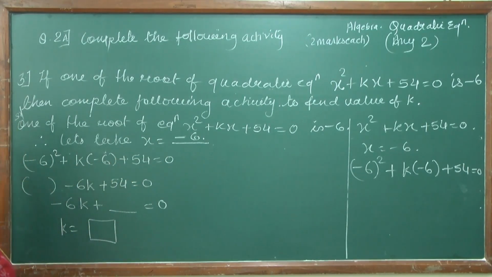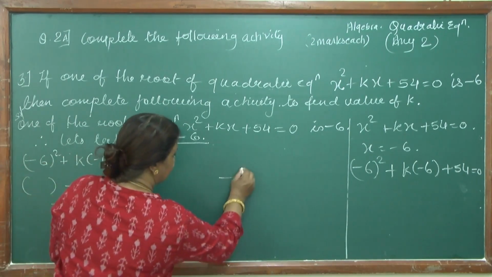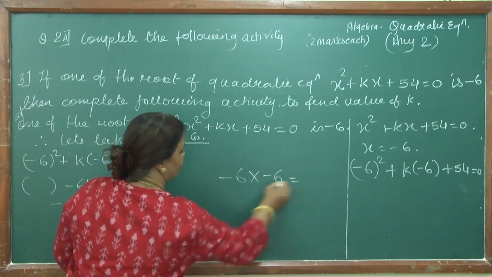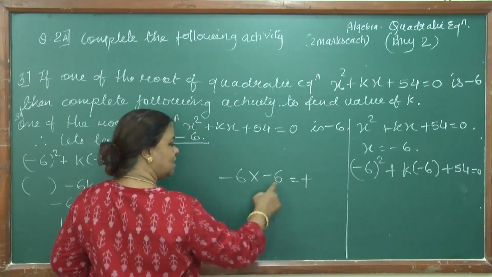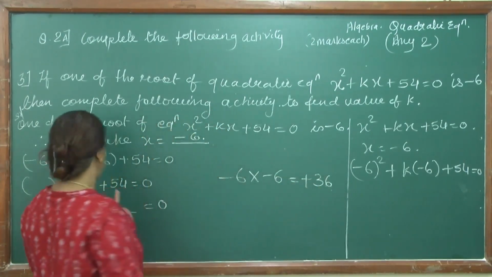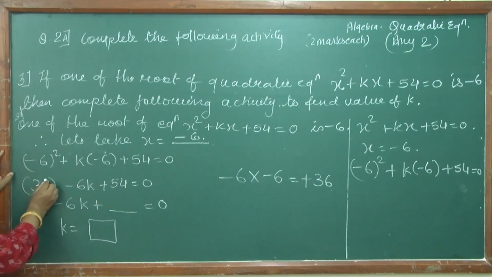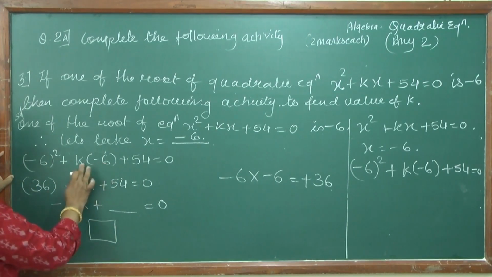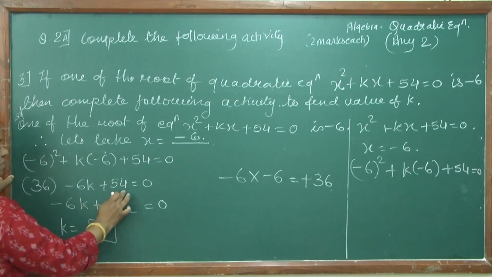This is already done in the activity. Now, minus 6 the whole square will be what? Minus 6 into minus 6: minus minus is plus, 6 sixes are 36. So 36 is written here. Minus 6 into k is minus 6k, plus 54.